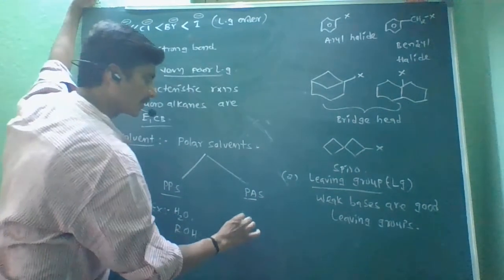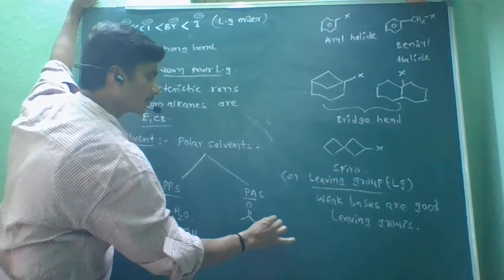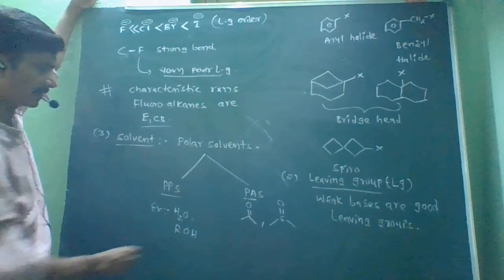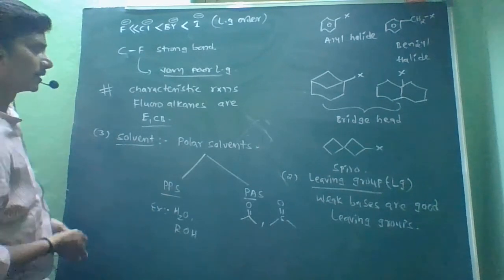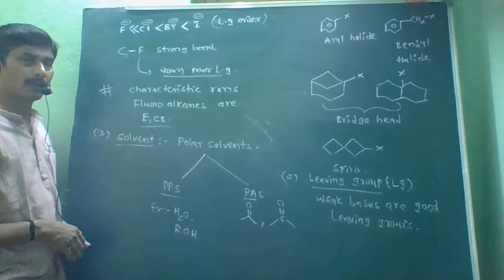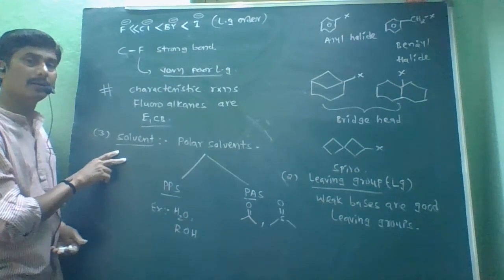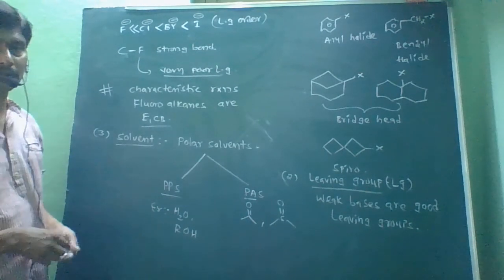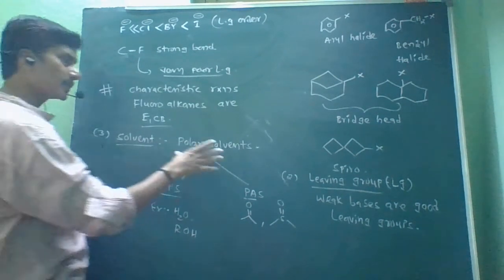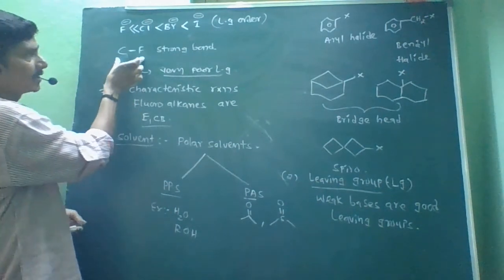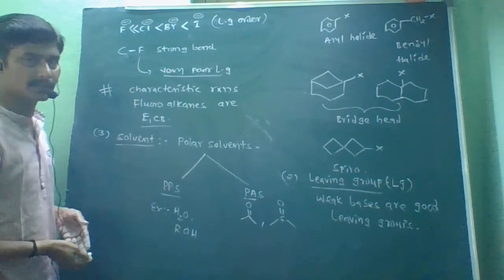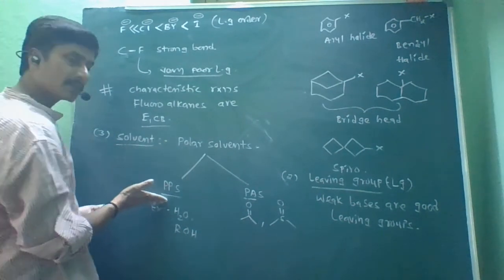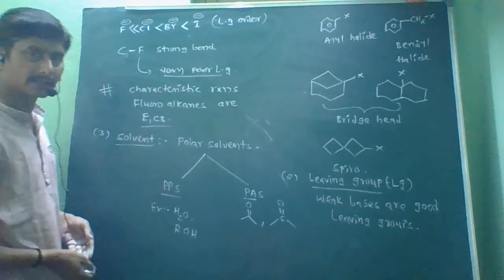For polar aprotic solvents, examples are acetone and dimethyl sulfoxide. We already discussed in previous classes the role of the solvent, which makes nucleophilic substitution reactions better. Basically, polar solvents are useful because these substances are polar in nature due to electronegativity differences. Some nucleophilic substitution reactions can be initiated by PPS solvents, and some by PAS.